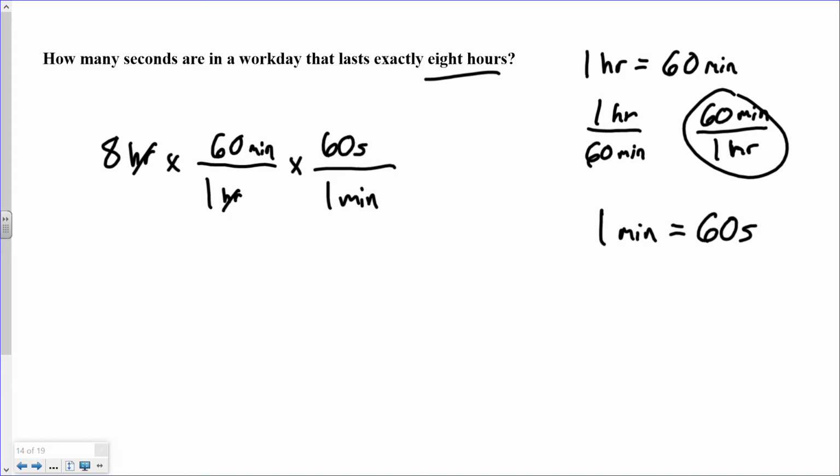Since I've gotten to units of seconds and every other unit has now canceled out, I know that I've answered the question of how many seconds are in 8 hours. So now when we punch this in the calculator, we get 28,800, and the only unit that we're left with is units of seconds. So our units are seconds.